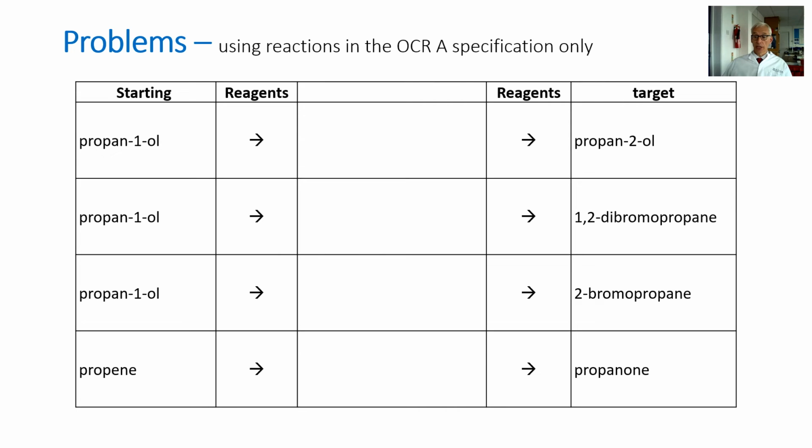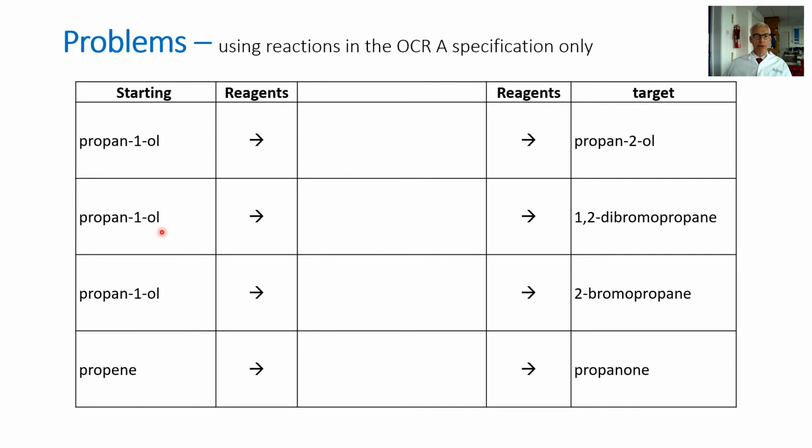So here are some synthetic pathway problems. For instance, propan-1-ol to propan-2-ol. Can't be done in one step, must go through an intermediate molecule, which means there is a step from propan-1-ol to the intermediate. The intermediate undergoes a second step to propan-2-ol.